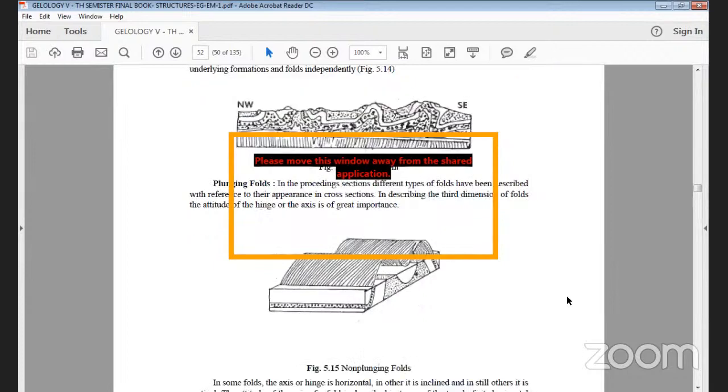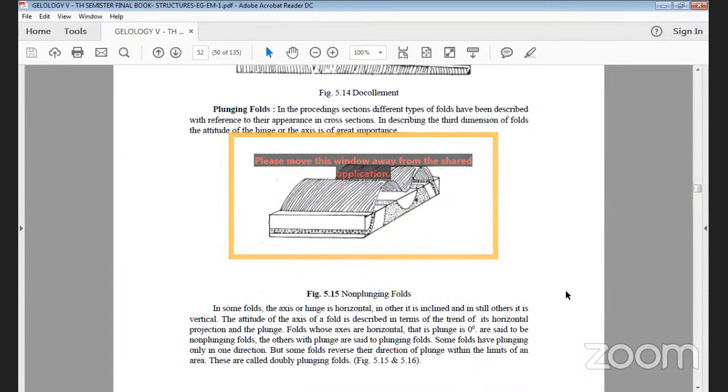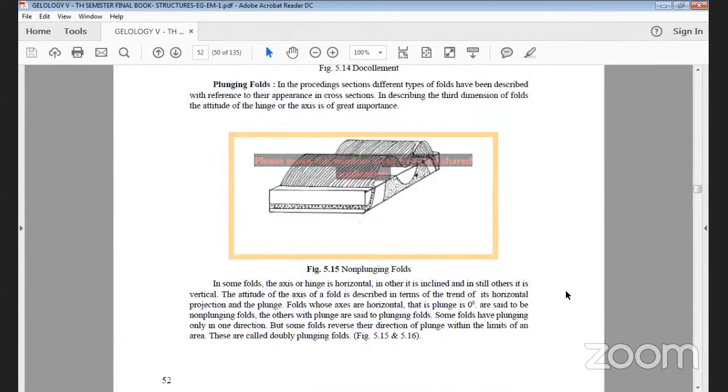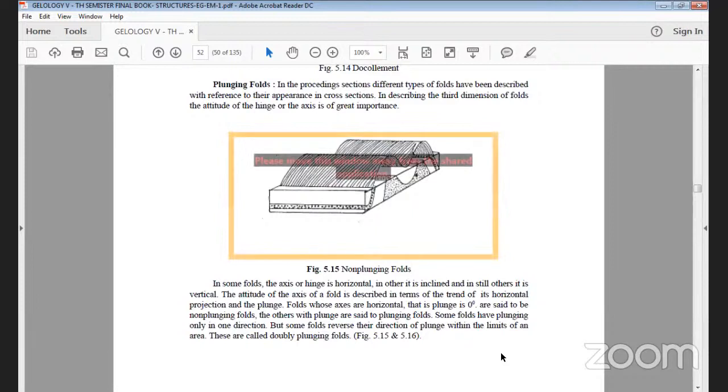This one is actually a non-plunging fold. In some other folds, the axis or hinge is horizontal, in another it may be inclined, and in still others it is vertical.